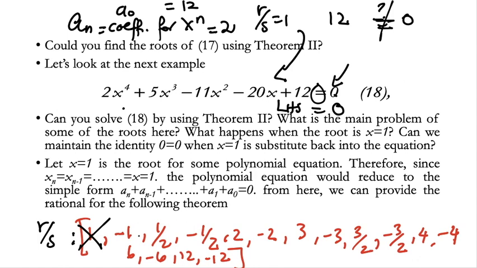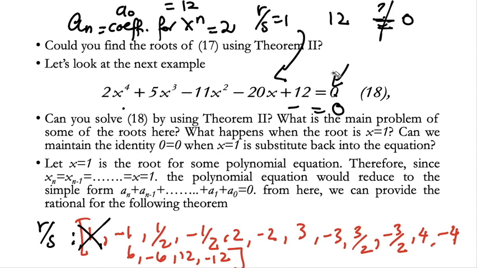Next, try minus 1. Do the same thing. Next, try 1 half. Do the same thing until the last one here. Then you can see all the right roots for 18. Now, for 18 here, what are the right roots? When you try to do it one by one, like I said just now, what you get is this.